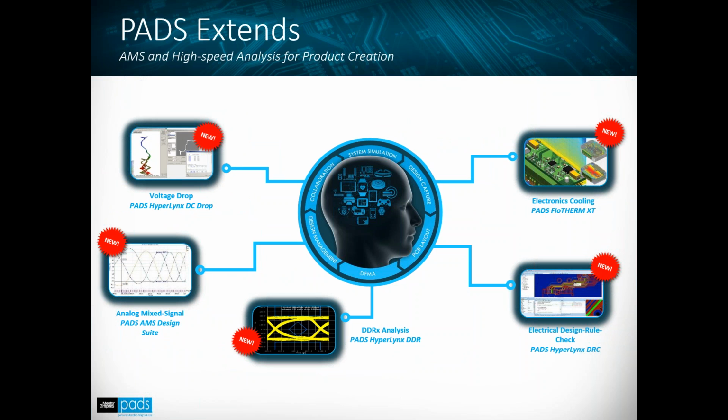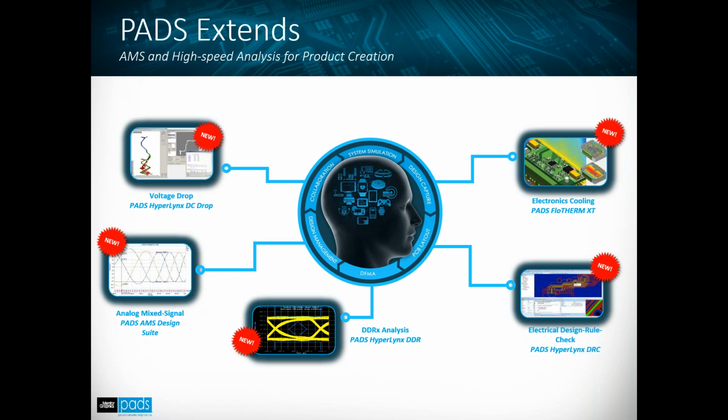Also new to the PADS space are just these options as well. These have historically been more expensive simulation tools that are now around the PADS price point. And again, all of these will work with a competitive flow. There's a different name for those, but they all work with a competitive flow as well. DC drop to analyze voltage drop on your power planes. PADS AMS is for analog mixed signal, SPICE or analog simulation.